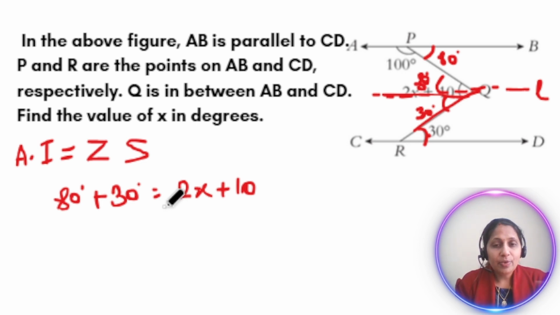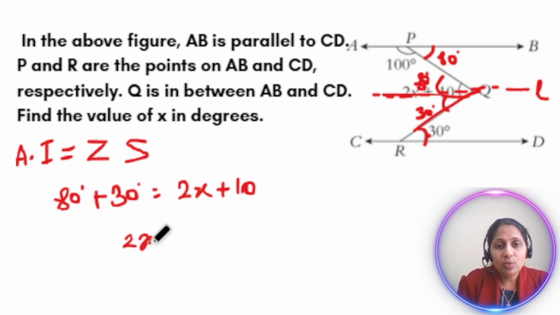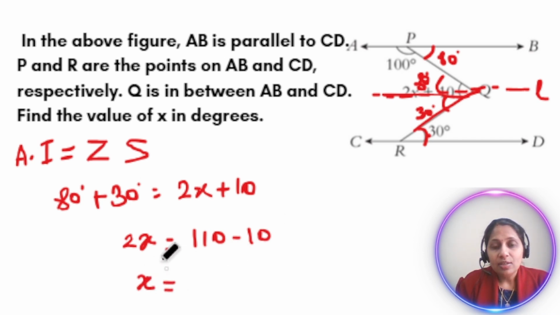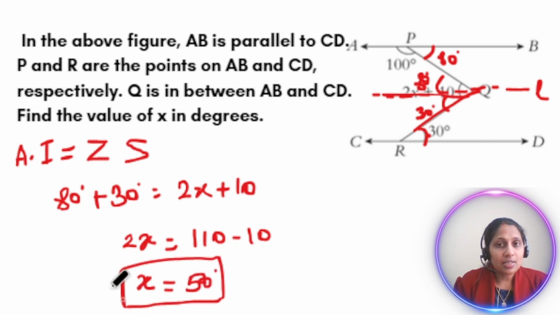Now, transpose it to the other side, you get 2x equals 110 minus 10, because 10 goes to the other side as per transposing. Which is nothing but 100. So 2x equals 100. So x will be equal to 50 degrees. It's as simple as that.